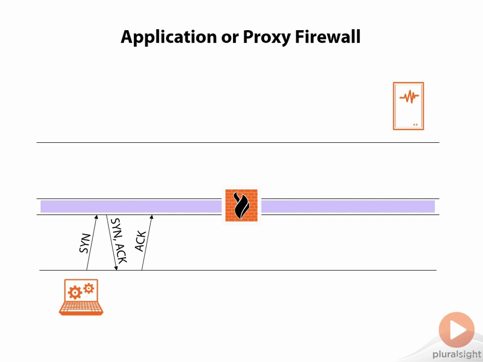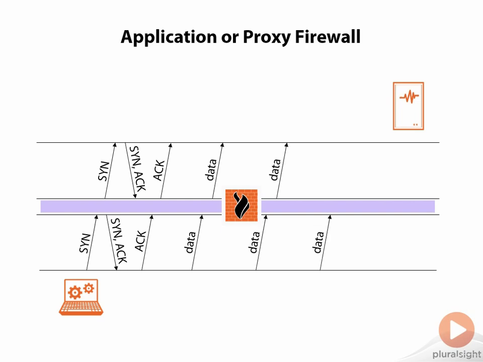The contents, if there are any, are interpreted according to the protocol of the target application and then moved over to the other interface, where the firewall then builds a completely new set of headers on the outbound interface before sending it out. Application firewalls are specific, or must have a specific module for each application protocol they wish to support. If they don't have an appropriate module to interpret the application data, they typically fall back to performing as a stateful inspection firewall.